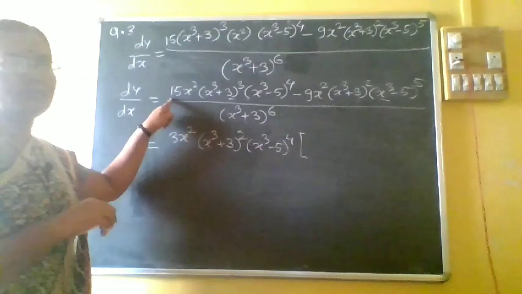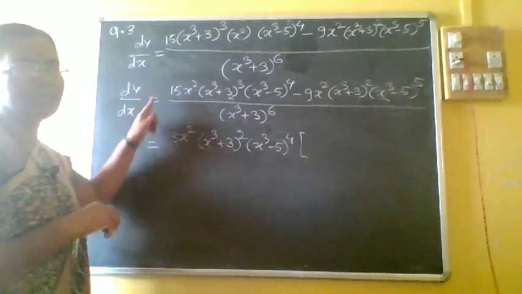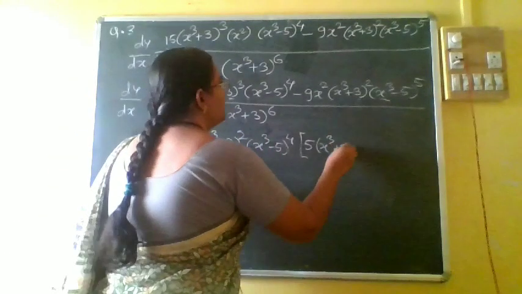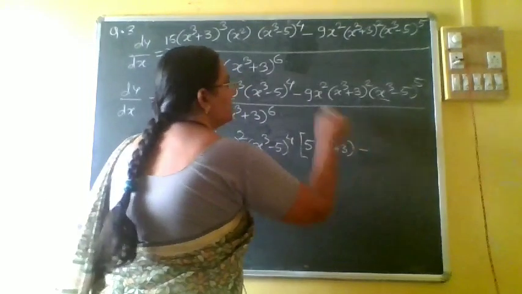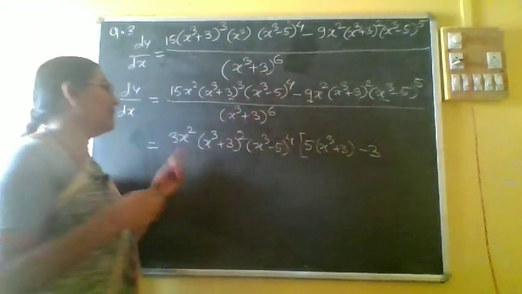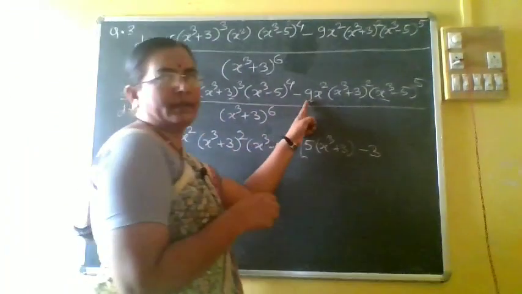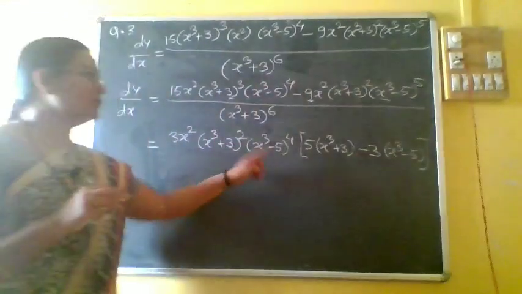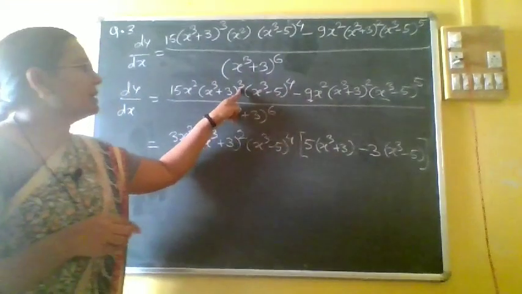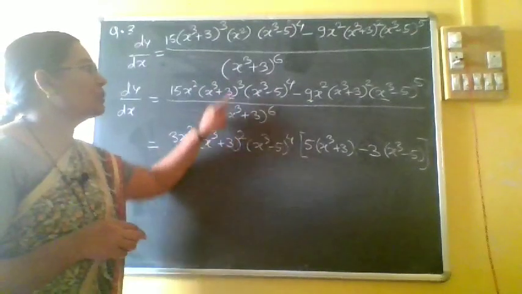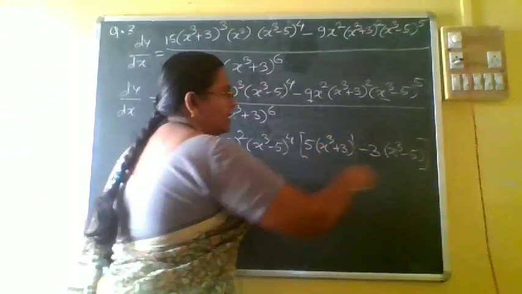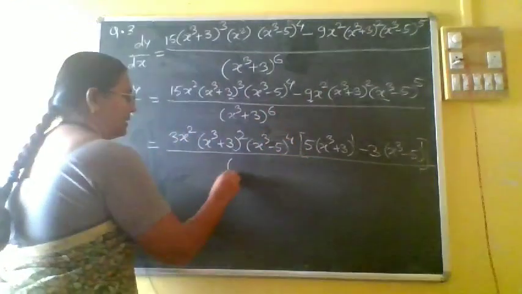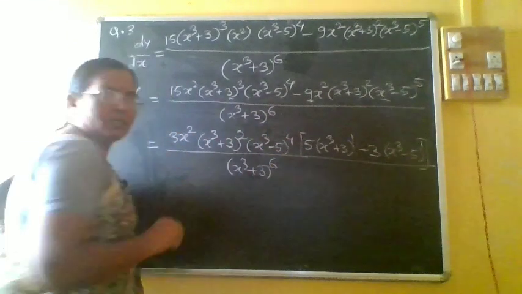Then the remaining term: from 15 we take 3, that is 3 fives are 15, then 5 remains, as it is, that is 5 into (x cube plus 3), and minus 3, because from this 9 we take common 3, here 3 remains, and (x cube minus 5) raised to 1, because raised to 4 we took common, and from raised to 5 one remains. From the cube we take (x cube plus 3) squared, therefore one bracket remains, raised to 1. Divided by (x cube plus 3) raised to 6.